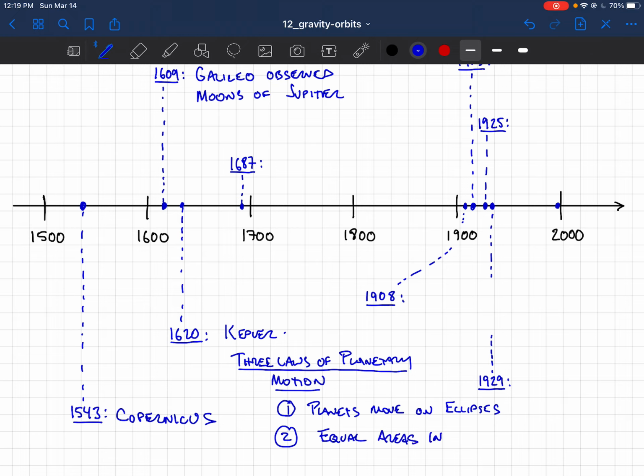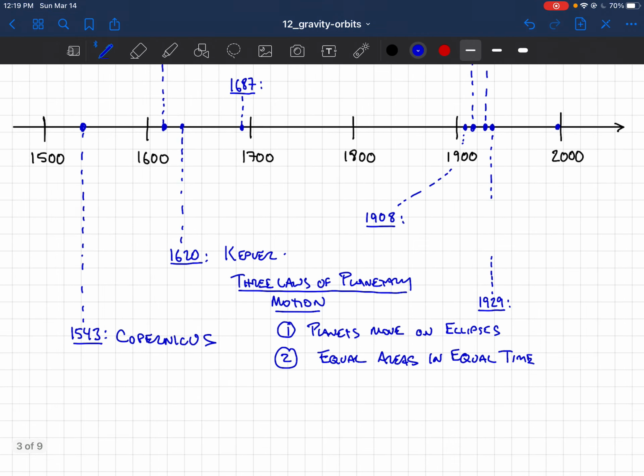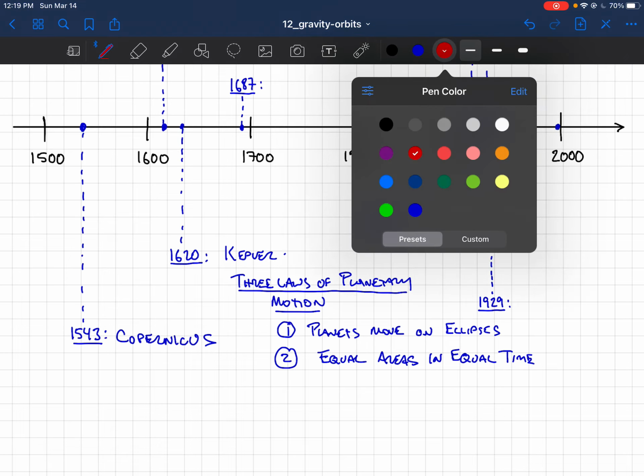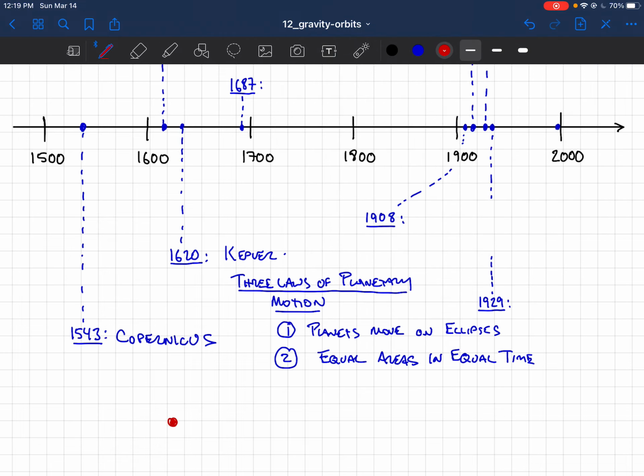The second law of his laws of motion was something about equal areas in equal time. And we won't talk much about that, but just a little picture of that is this. If we have the sun in one of the foci of an ellipse, and then there's a planet which is going around that sun, then it turns out that the area that it passes through in any given time is the same for any equal time interval.